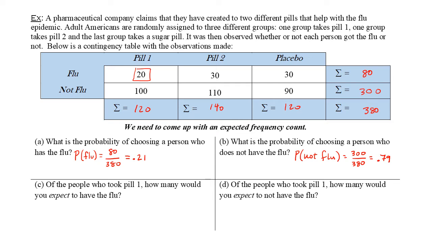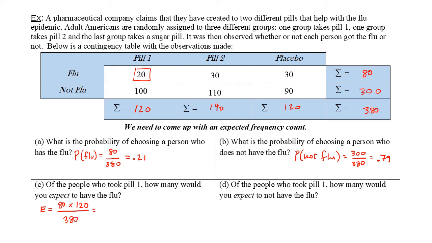So what we can do is think about our expected value. When we're computing the expected value, we would take the row total, which was 80, times the column total, which was 120, and then divide by the grand total, which was 380.